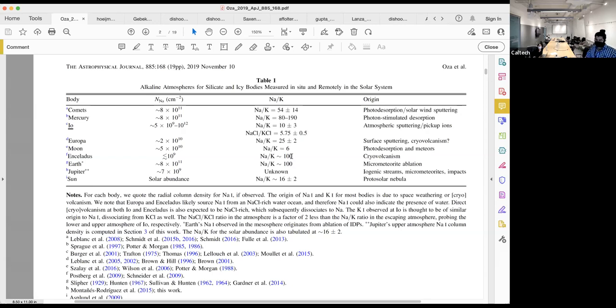But taking the sodium to potassium ratio and systematically comparing it reveals that it's even higher than solar abundance. And I don't know if I put it here for Earth. I used the mesospheric value, but the original paper has Earth's oceans actually. And it says the sodium to potassium at Earth's oceans is similar to Europa. And so that was the sort of diagnostic, I think, at the time. But I think maybe other people know more of the history. I was 12.